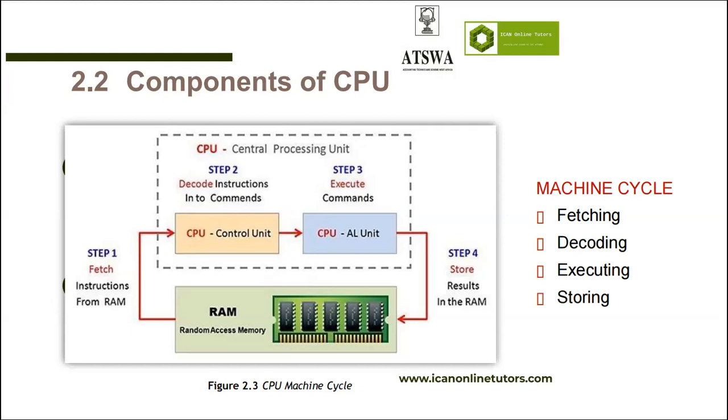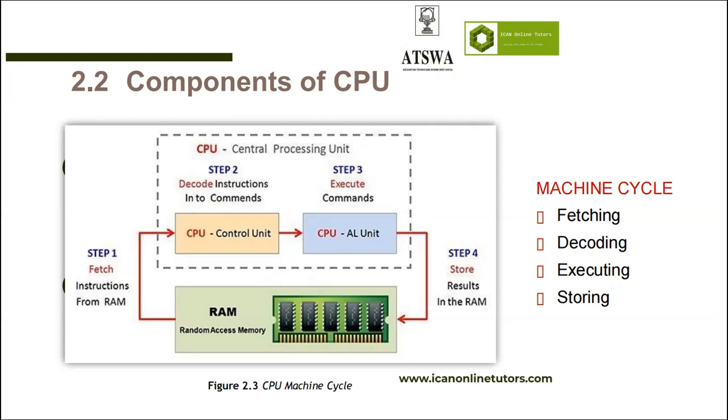At the control unit of the CPU, the instruction is decoded. It decodes the information, breaks it down, and specifies it so that the computer can understand it. Then it sends the information to where it will be executed.